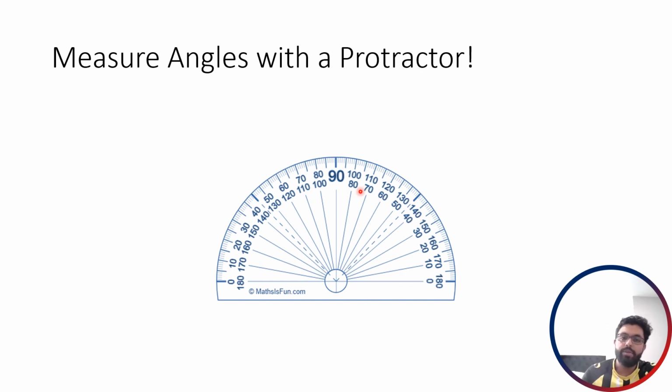So if any of you have a geometry set and you've got a ruler and then a whole bunch of other things that you've never used before, this is one of those other things that you've never used before, and it's super useful for drawing angles.